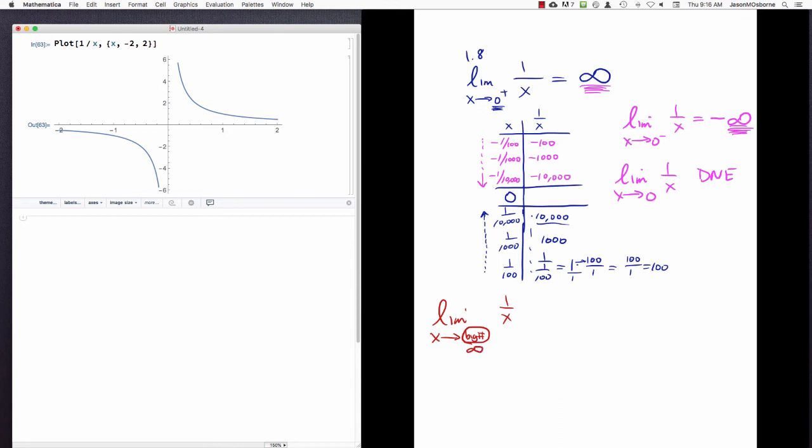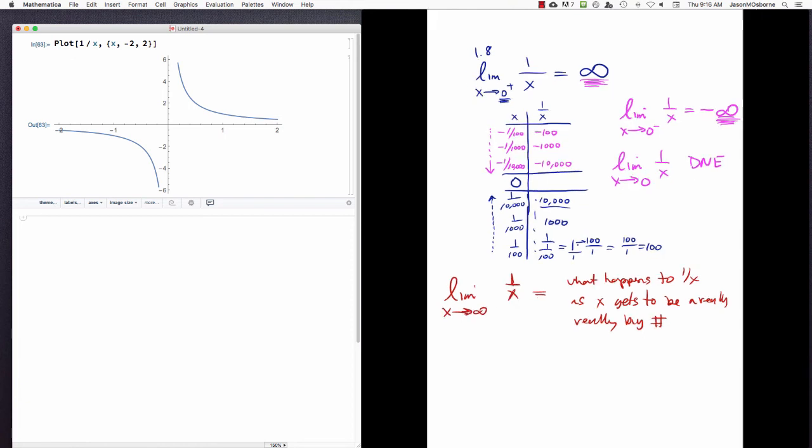So when they write limit as x goes to infinity of 1 over x, they mean what happens to 1 over x as x gets to be a really, really big number. That is what is meant by the notation.